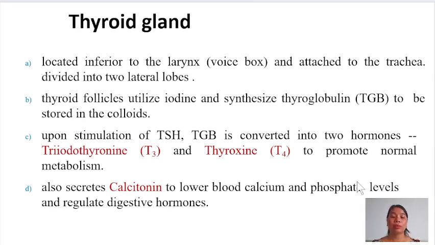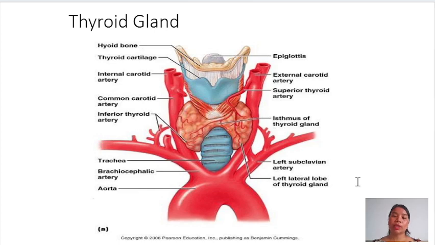Upon stimulation by thyroid stimulating hormone, thyroglobulin is converted into 2 hormones, that is triiodothyronine and thyroxine, to promote normal metabolism. It also secretes calcitonin to lower the blood calcium and phosphate levels and regulate the digestive hormones. So this is the diagram of how a thyroid gland looks.